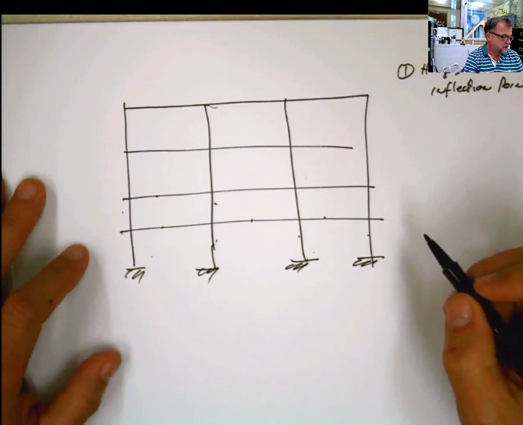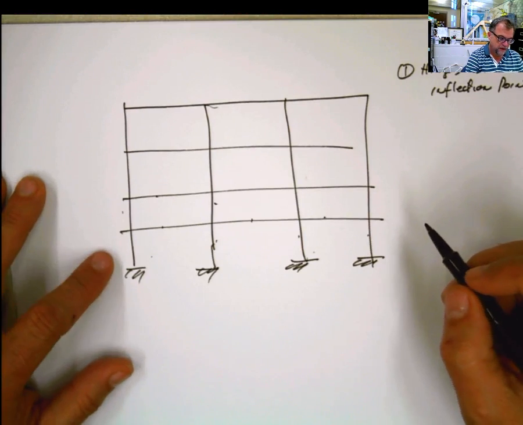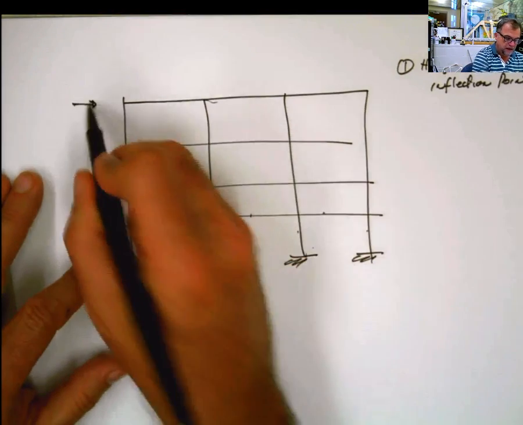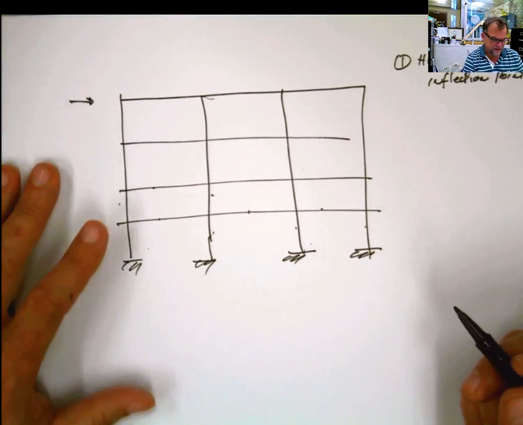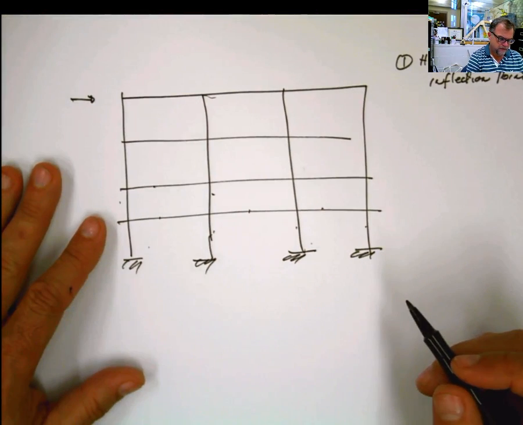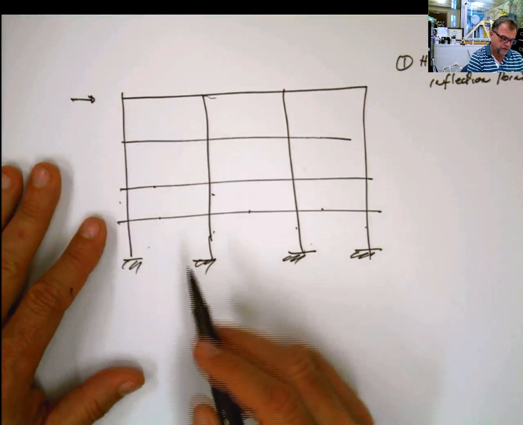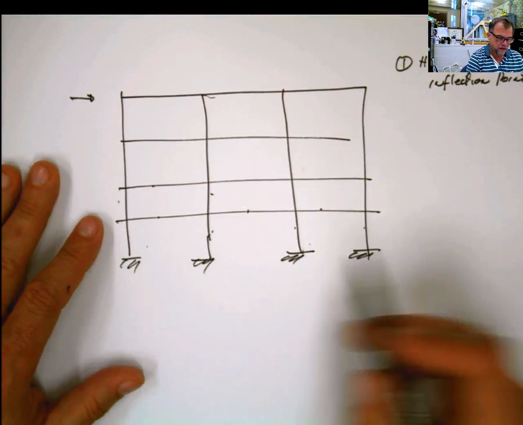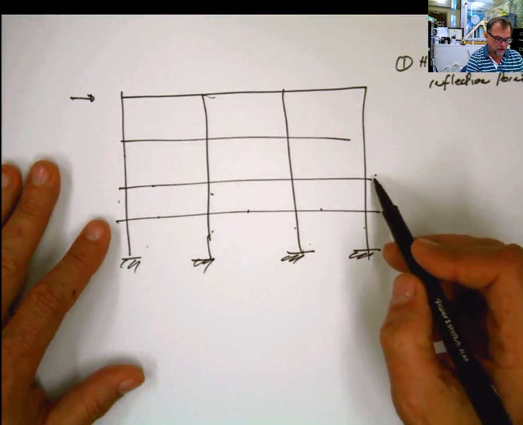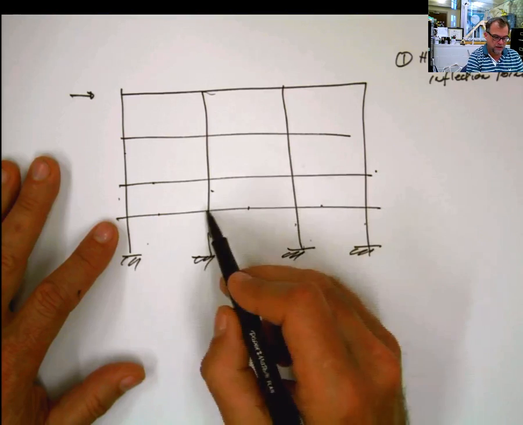The second assumption is that if this is under lateral load, and that kind of makes sense, and you study shear, the exterior columns are going to receive less shear than the interior columns.